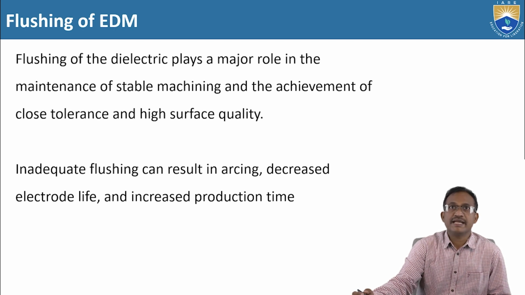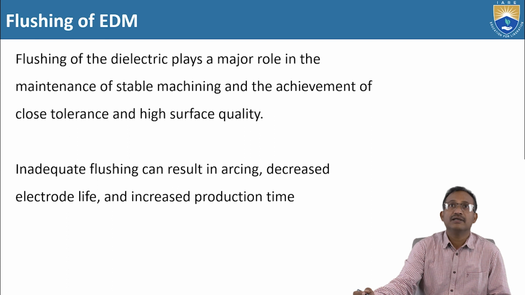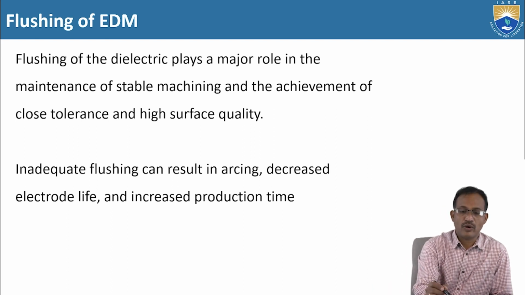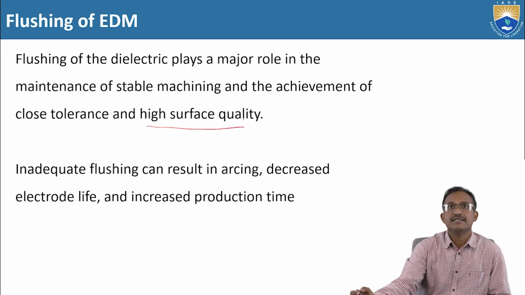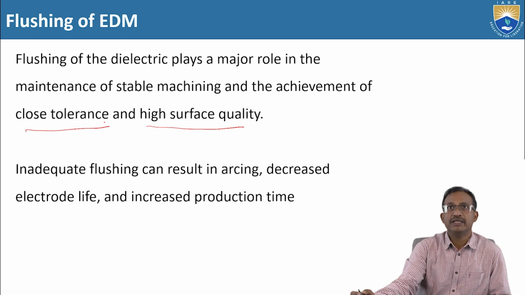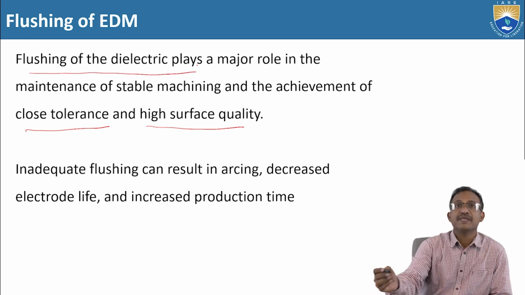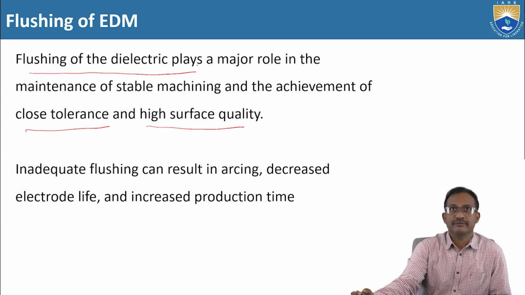Flushing of the dielectric plays a major role in the maintenance of stable machining and the achievement of close tolerance and high surface quality. Here are the two points: high surface quality and close tolerance. These two are achieved because of efficient flushing of the dielectric fluid.